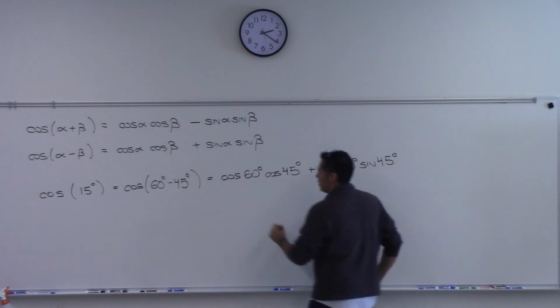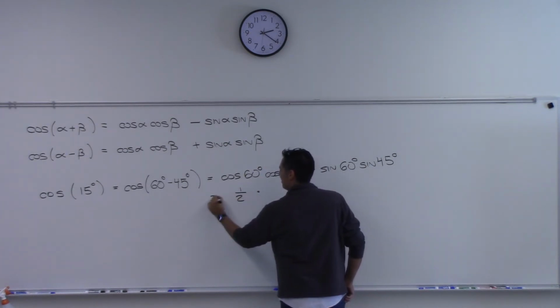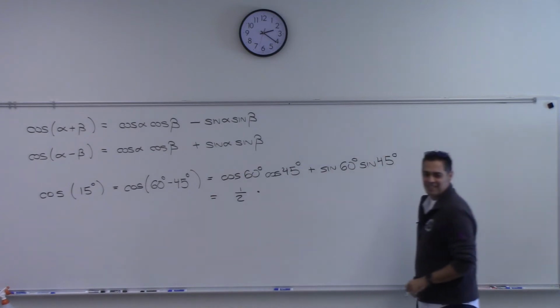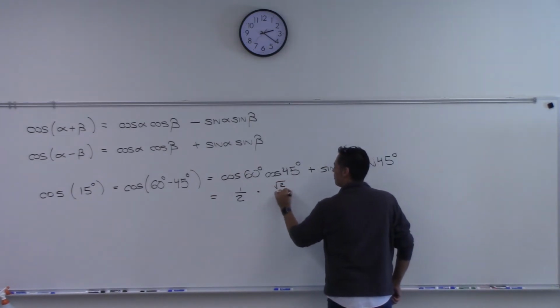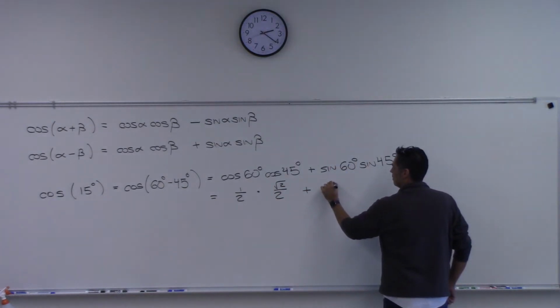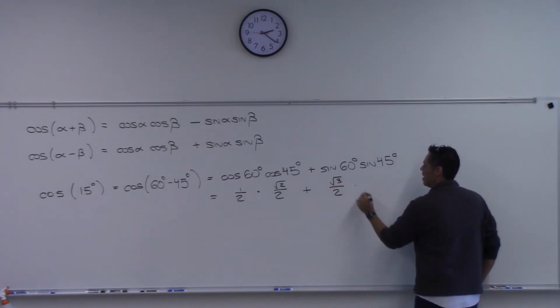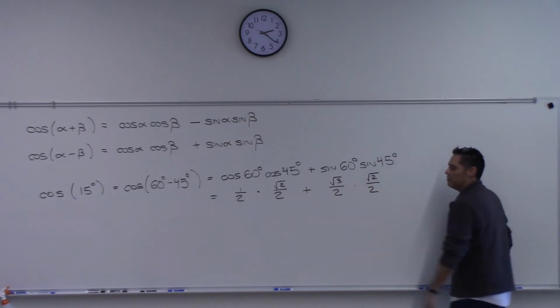What's cosine of 60? 1/2. Good job. And then cosine of 45, root 2 over 2. And then plus, now sine 60, root 3 over 2. And then sine of 45, root 2 over 2.